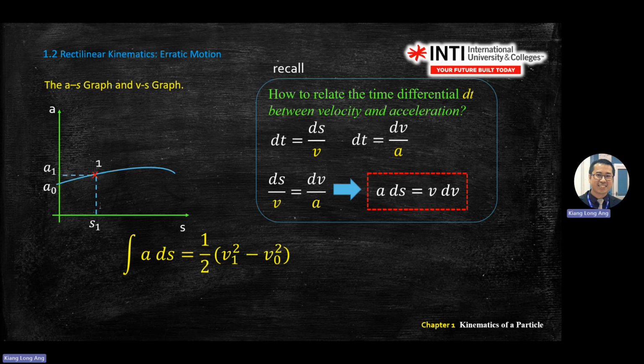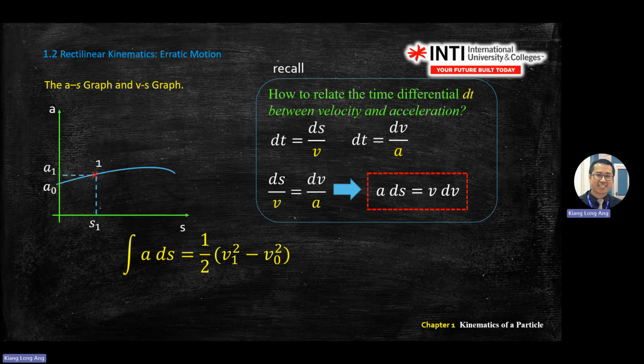V here is to the power 1. So when you integrate, you pull out the 1, and you get V to the power 1 plus 1 divided by 1 plus 1, and then you substitute the limits here, V1, V2.